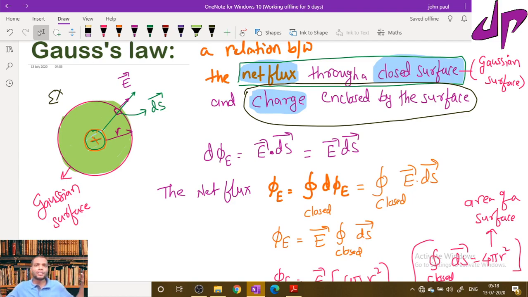Suppose you have an infinite line charge, a thin wire of infinite length, and you wish to find the net flux through the surface. Then we need to make a clever selection of the Gaussian surface.